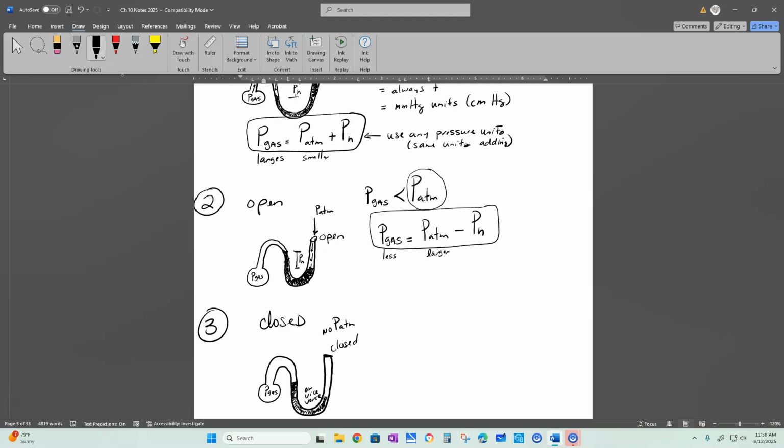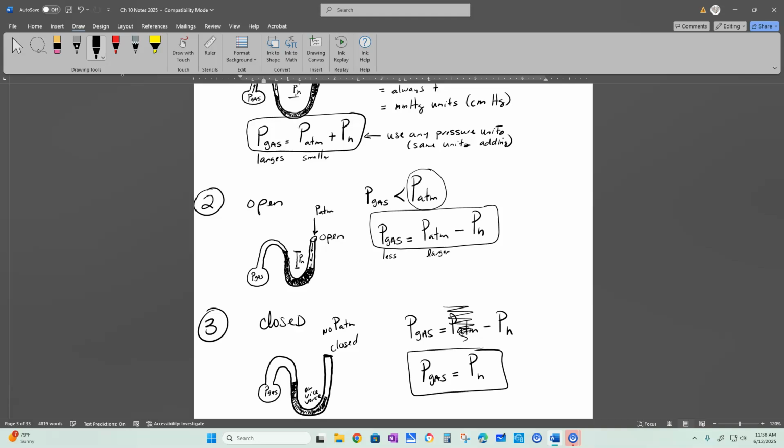Okay. What happens is you took this part, P gas equals, and because I shaded it the same as picture number 2, PATM minus pH. Okay. You took that part completely out. So it doesn't matter that it's added or subtracted. Your P gas is going to be whatever the height is.